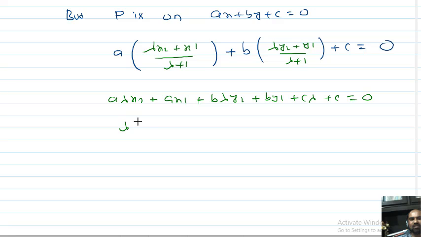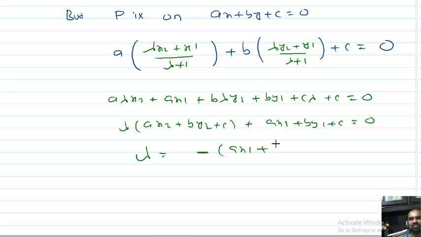So I want to take lambda common here: lambda (a x2 + b y2 + c) + (a x1 + b y1 + c) = 0. I want lambda equal to minus (a x1 + b y1 + c) by (a x2 + b y2 + c).